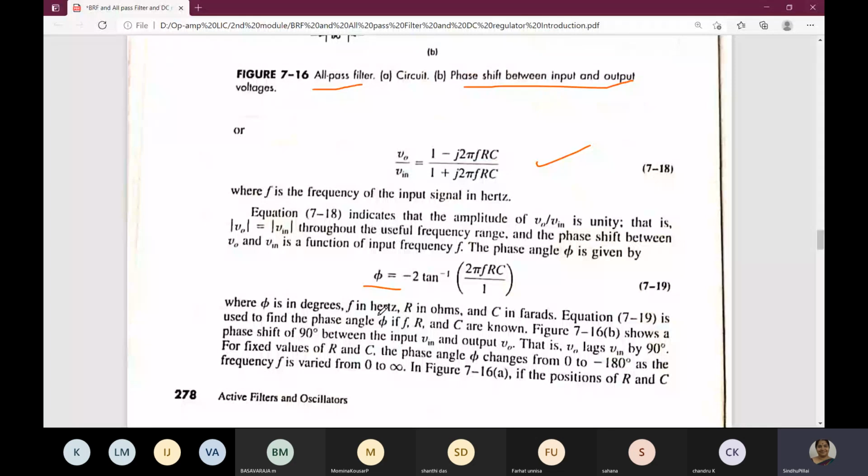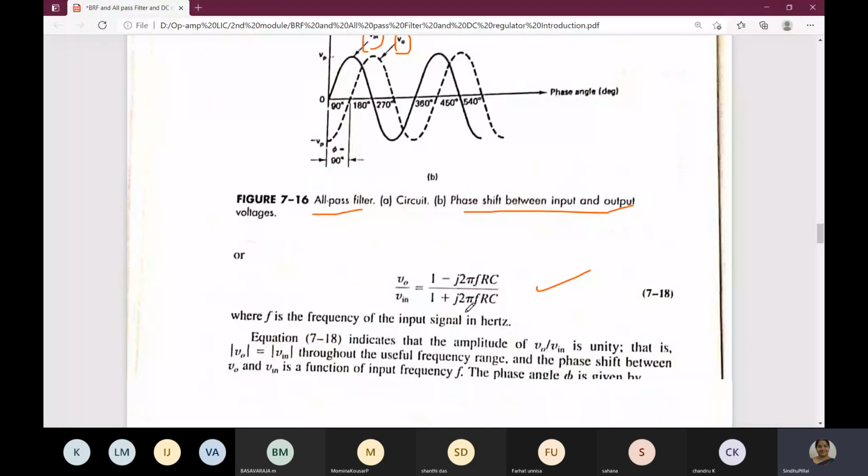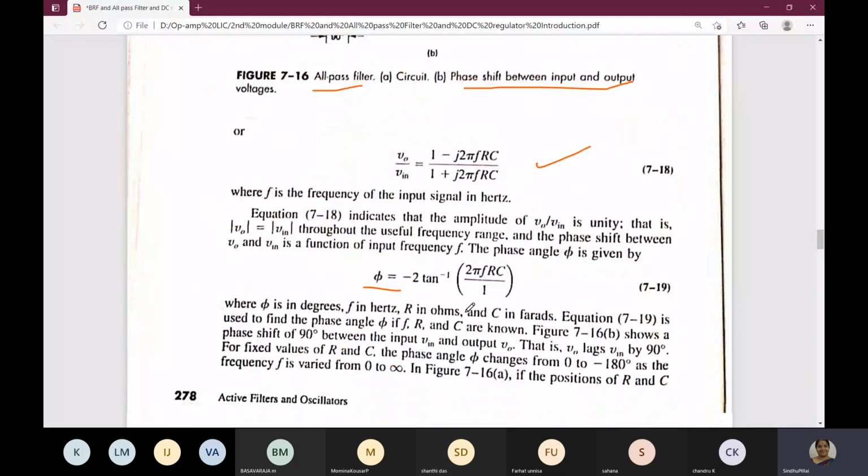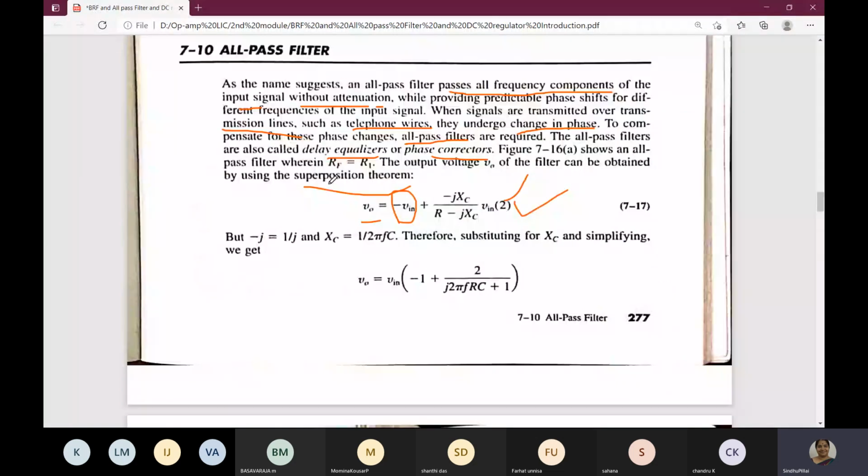So this is about the all pass filter and the phase shift, the frequency response of the all pass filter and the circuit. In the circuit here, the input is given to both the terminals; you have to remember that. Here we find the output voltage V naught by applying the superposition theorem, taking one voltage at a time. For inverting it is minus V in, and for non-inverting it is V in into this resistor term, and the 2 is nothing but the gain.